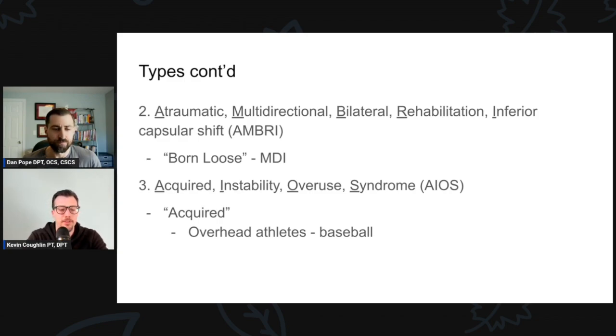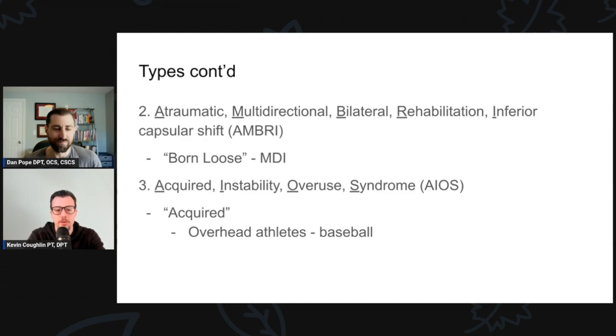We talked about that anterior inferior capsule being pretty robust. A lot of times in baseball players, when they're always back in external rotation throwing, sometimes if they've adopted a pretty aggressive weighted ball program, or they're doing a lot of stretching on their own into external rotation, we can see some instability that they've acquired over time that they don't have on the other side.